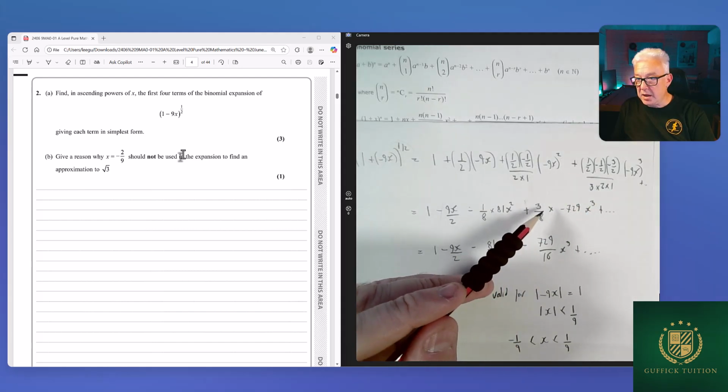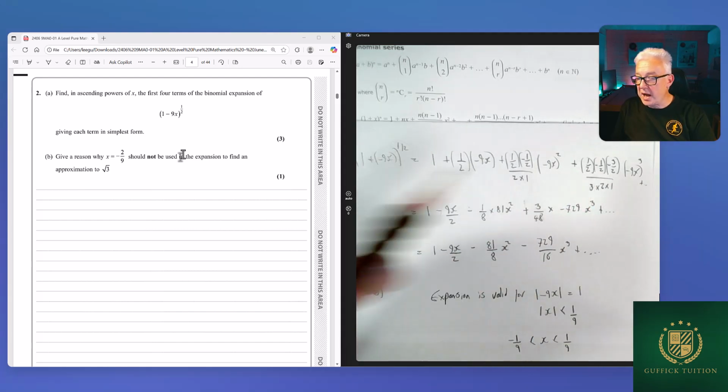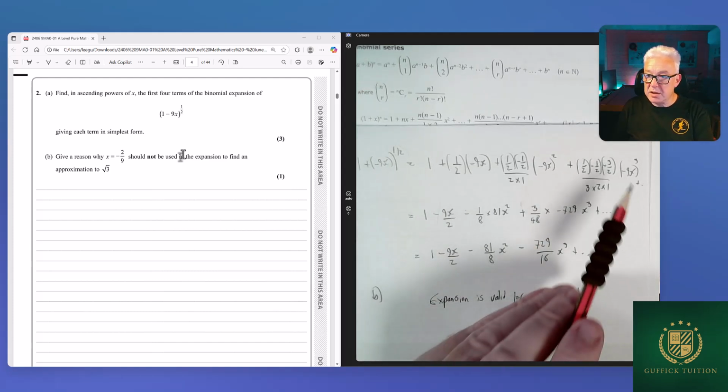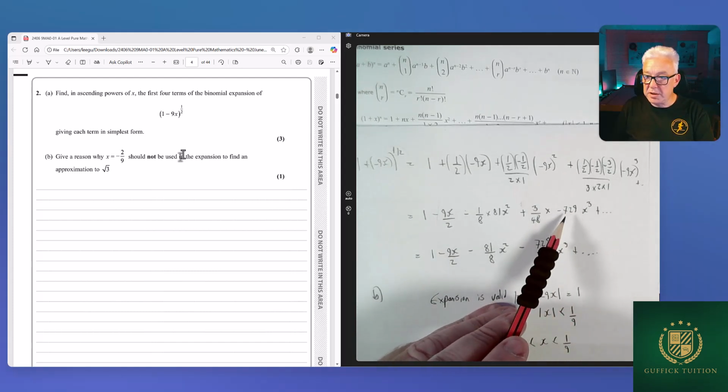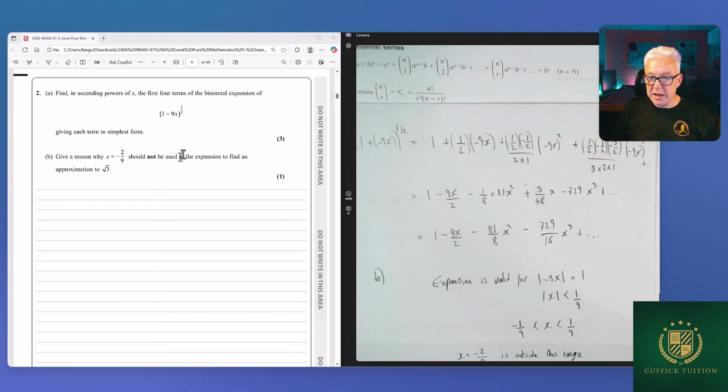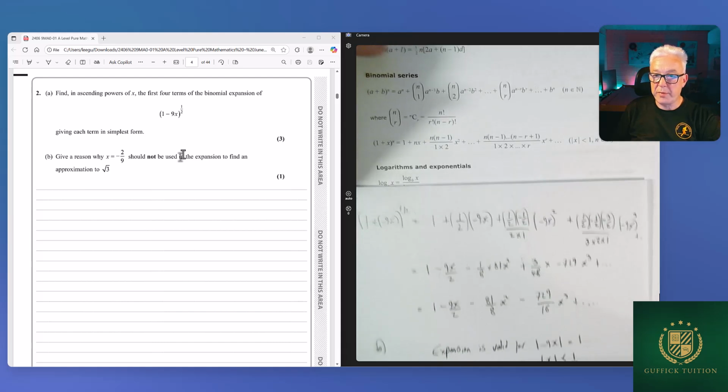So that's going to be actually positive 3 over 8 times 6. So that's going to be 3 over 48. Times minus 9 cubed is minus 729 and x cubed. So we collect the like terms, and that's our expansion there for the binomial.